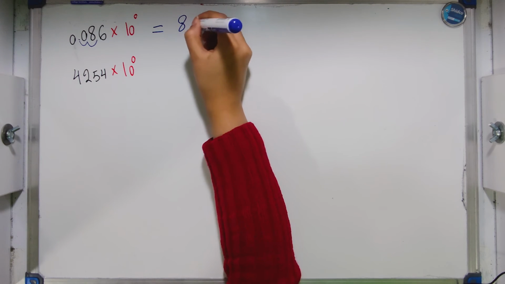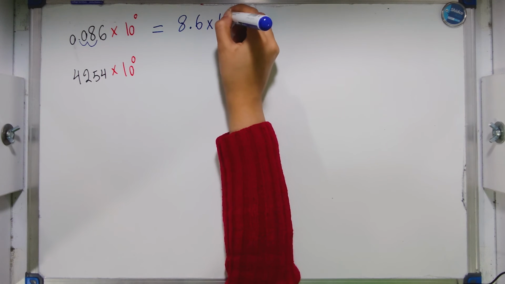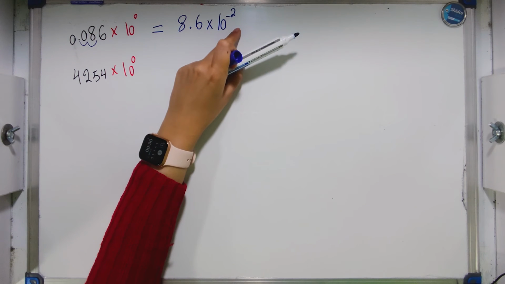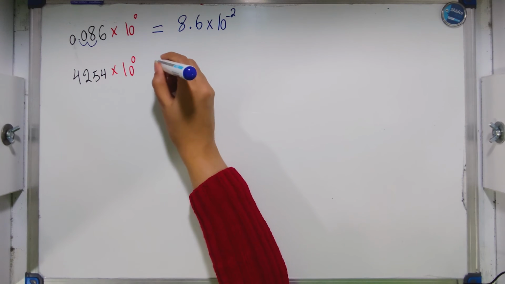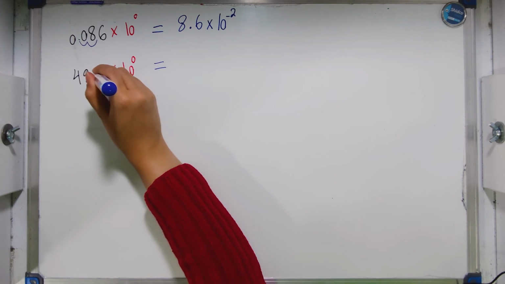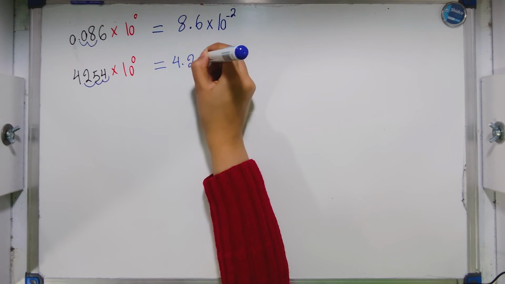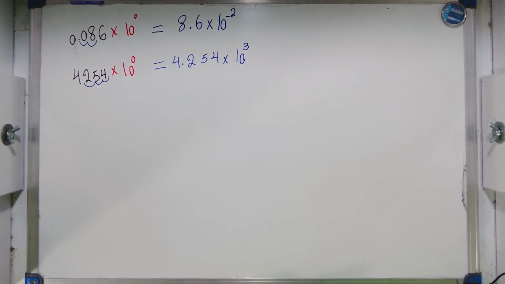So it will be 8.6 times 10 power minus 2, because it's a small number and I have to write a negative power for it. But look here. If I want to make it scientific notation, I have to put the decimal, 1, 2, 3, between 4 and 2. So it will be 10 power 3.